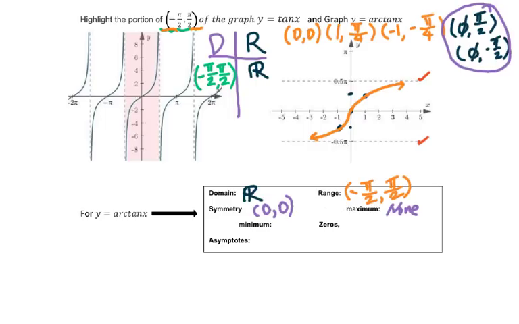That's very, very close to pi over 2, but never reach that value. Minimum, still no. Zeros, that's the x-intercept, that's 0, 0. We do have asymptote line, that is y equals plus or minus pi over 2.